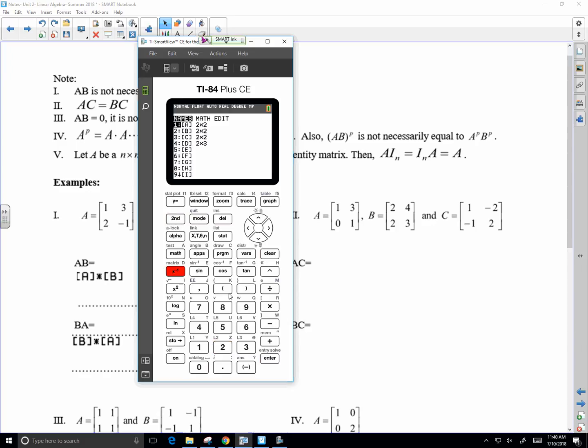So matrix A times matrix C gives me that. Then matrix B times matrix C, and they give you the same result.